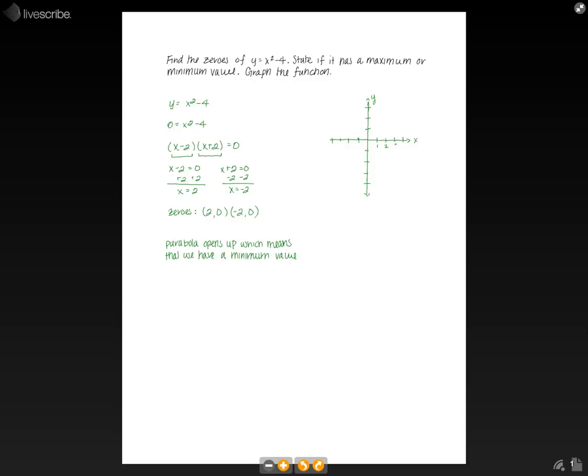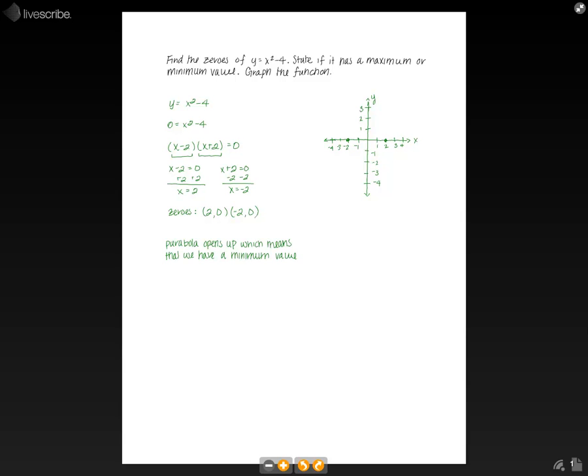So let me just finish labeling these really quickly. Alright, so we know that we have points at 2, 0 and negative 2, 0.